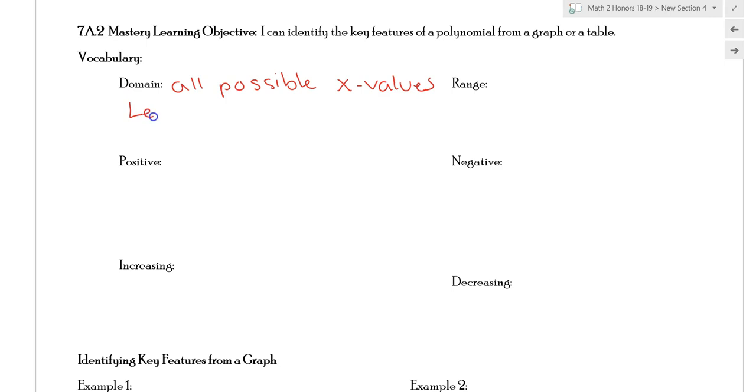And we always go from left to right. And domain is going to be the easiest because we're just dealing with polynomials. And polynomials have nothing weird. I can plug in any number. So we say the domain is negative infinity to infinity. It can go to the left forever, and go to the right forever.